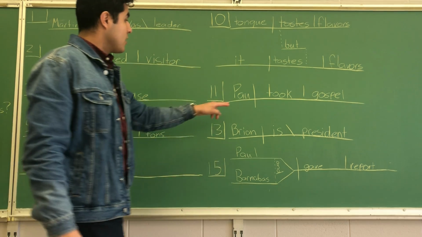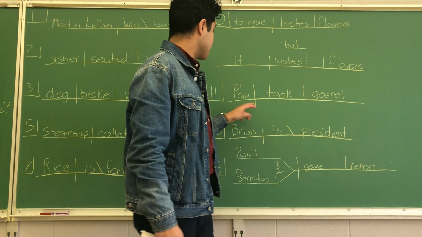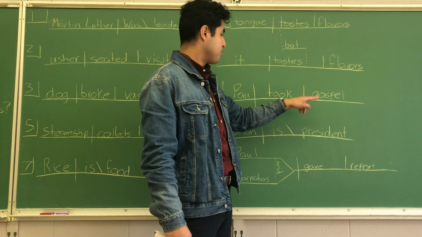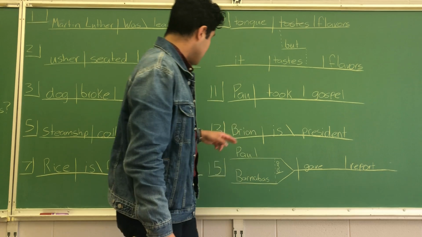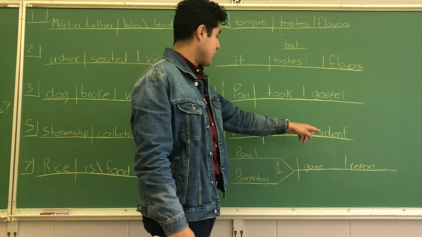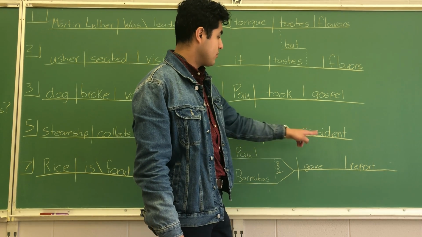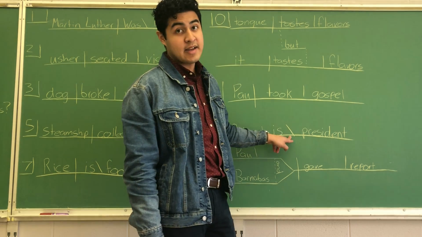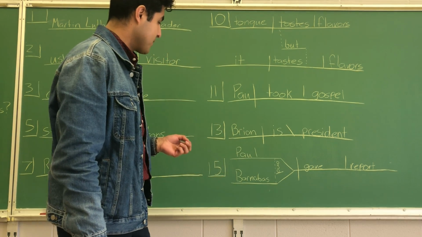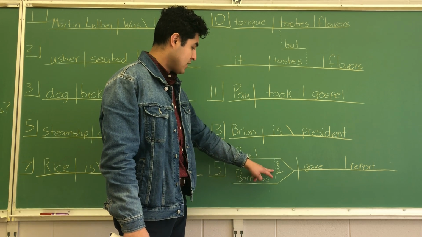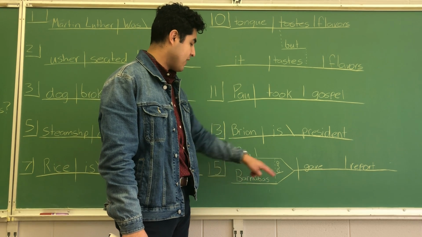Number 11, Paul took gospel, same thing, subject, action verb, direct object, vertical line. Number 13, Brian is president, linking verb, predicate nominative, slanted line. Number 15, okay, so we have a compound subject here. We've got Paul connected with the conjunction and Barnabas.